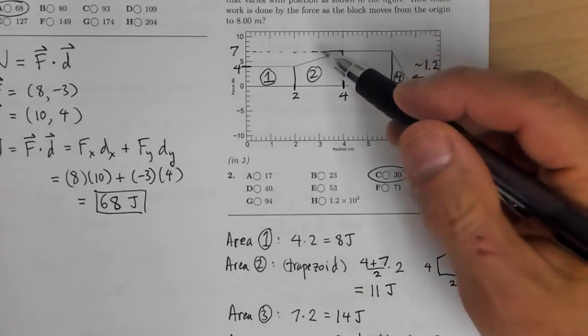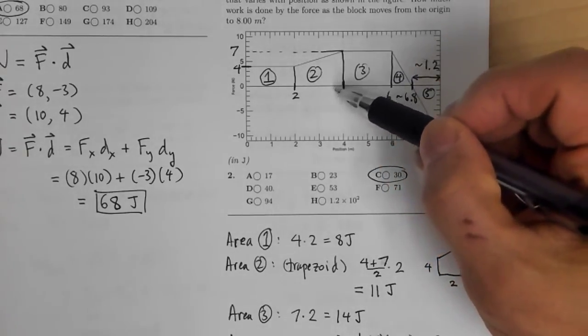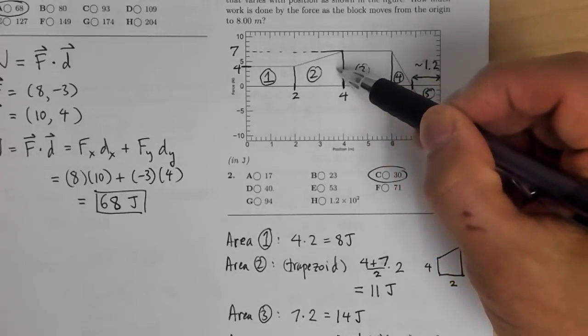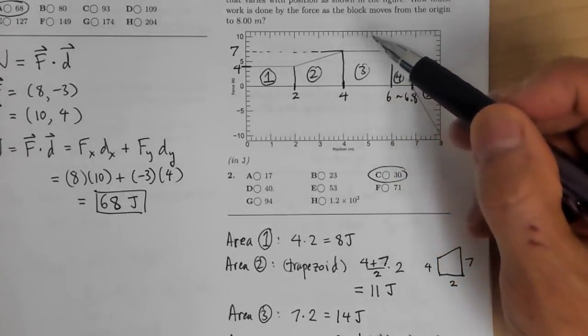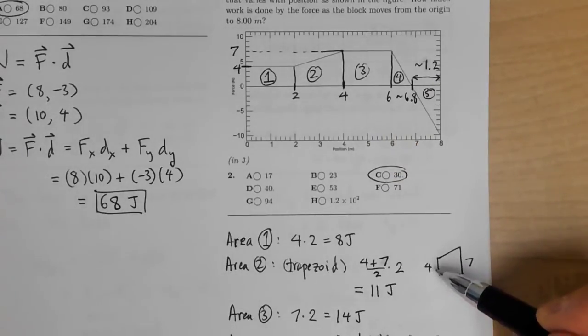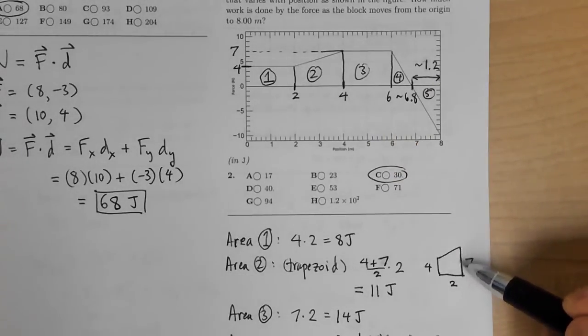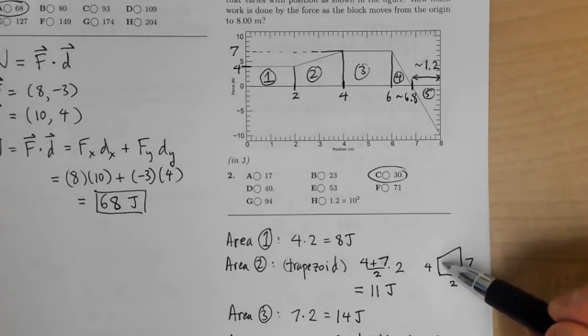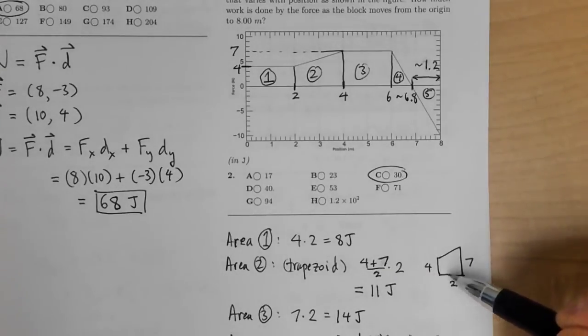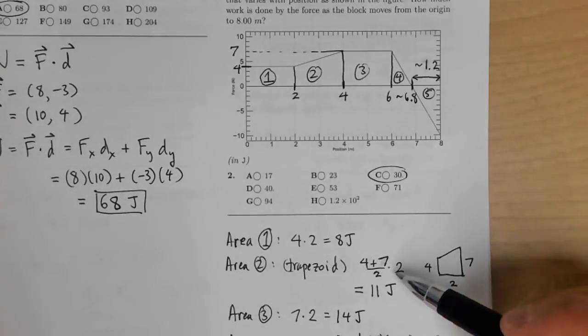Region 2 has, okay, it's a trapezoid region. You can either take the rectangle underneath plus the area of the triangle, or you can use the fact that for a trapezoid, where I have the dimensions 4 here, 7 here, and this width here is 2, you just average the two unequal, opposite sides, 4 plus 7 divided by 2, and multiply by the other dimension, 2.